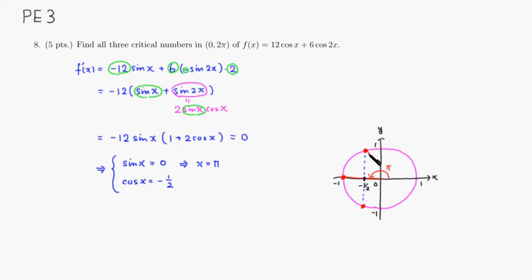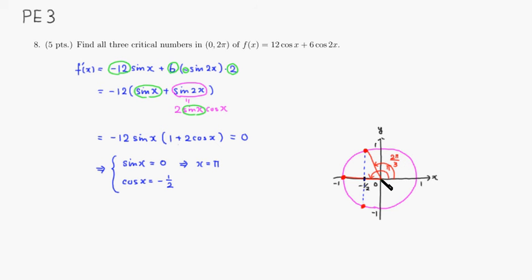Then we look at the angle that makes with the positive x-axis. This is a 30-60-90 triangle, so this is 60, which means this is 120. And 120 degrees in radians is 2 pi over 3.